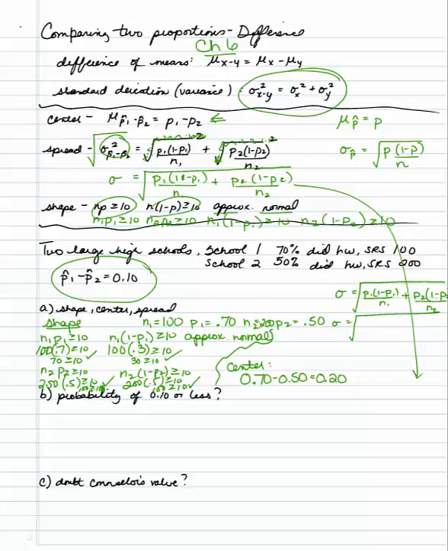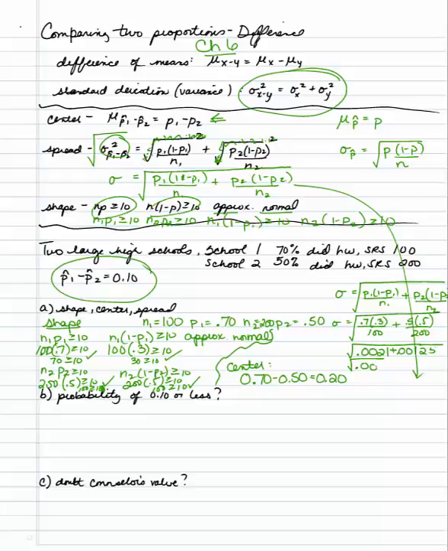P1 is the 70, and then you need the opposite, which is 30, over 100. And this is 0.5 and 0.5 over 200. So I think we've got 0.0021 and 0.00125, if I remember correctly.